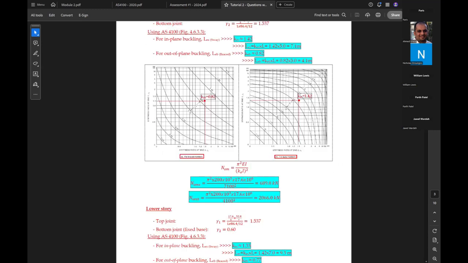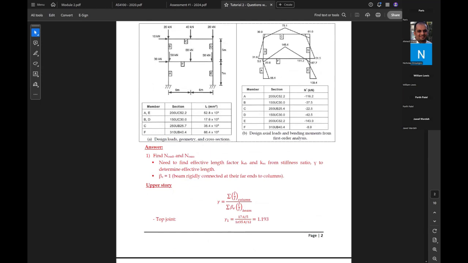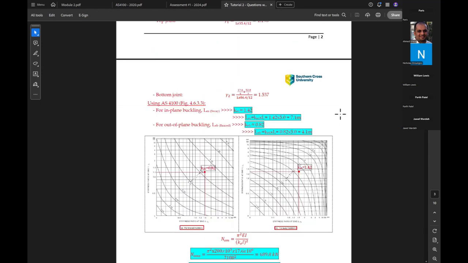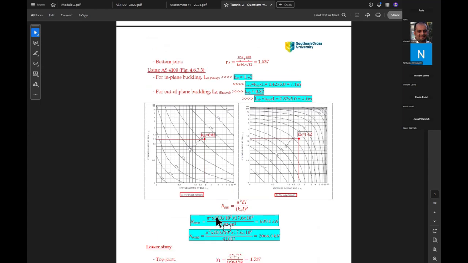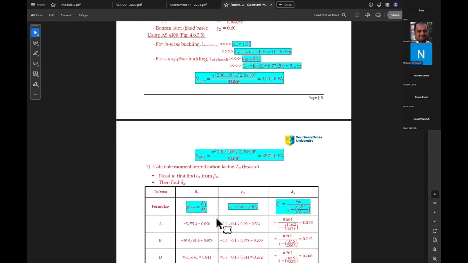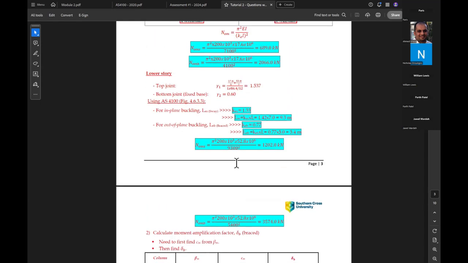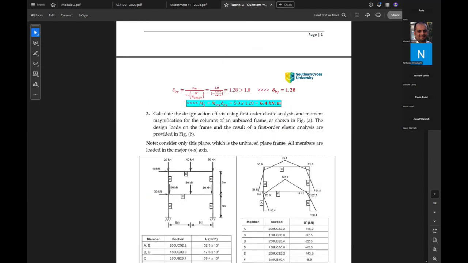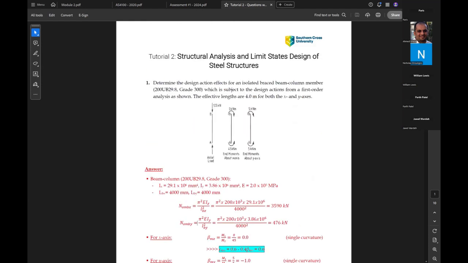Okay. And here in this example, looking at what we have, like the K effective and so on. Can you have a look at this tutorial and let me know if you have any questions? Yeah, sure.